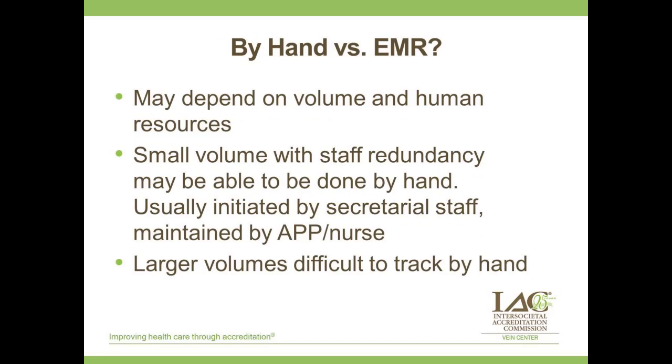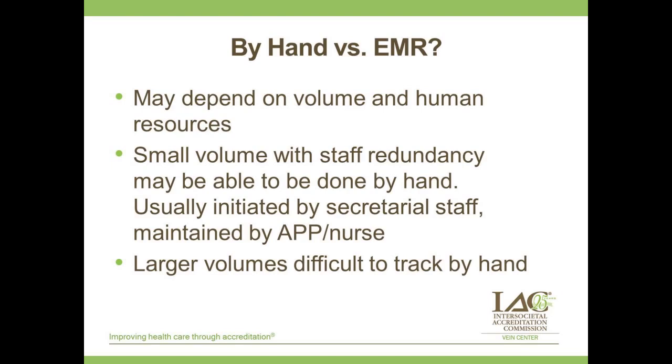And so, to track complications by hand versus the electronic medical record, this, I believe, depends on the volume of procedures that you're tracking and your own human resources. Small centers with smaller volumes with staff redundancy may be able to do this by hand. And again, a prospective log is really the only way to accurately track complications.